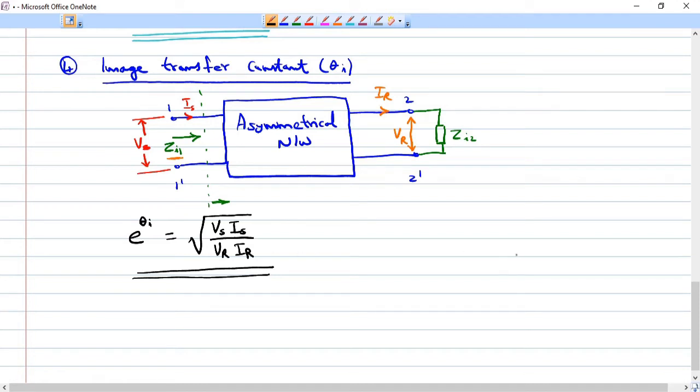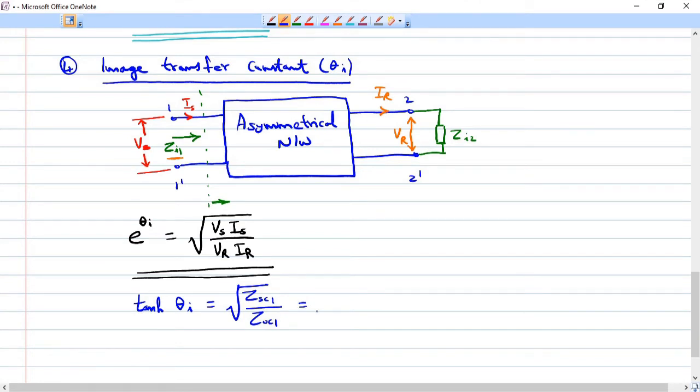Now there is one more expression we can use in terms of the hyperbolic function. We can define tanh theta I equal to root of ZSC1 divided by ZOC1.